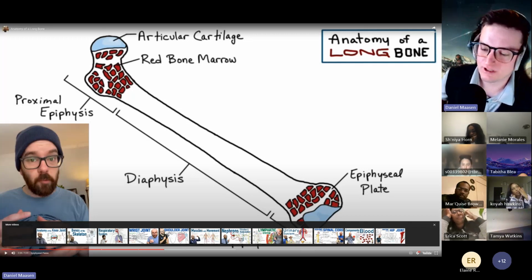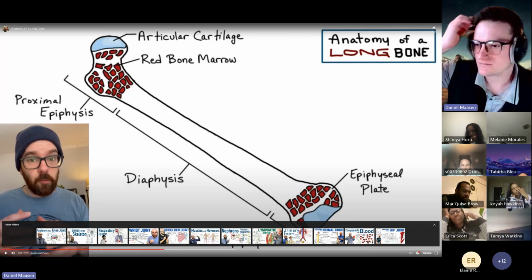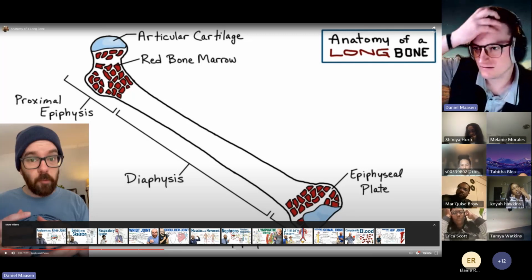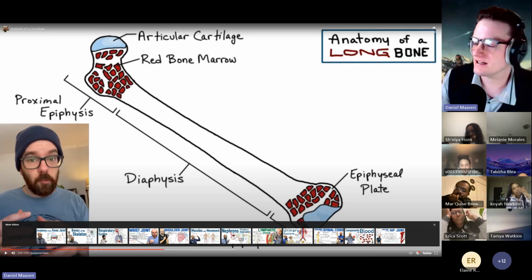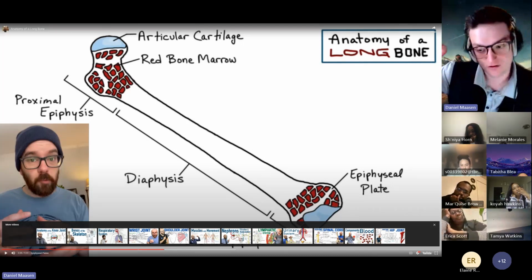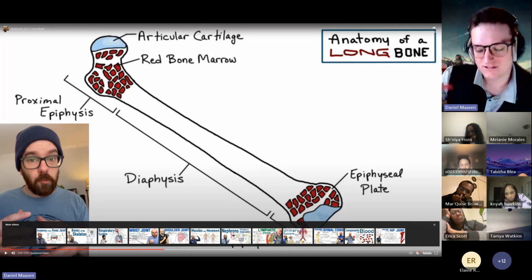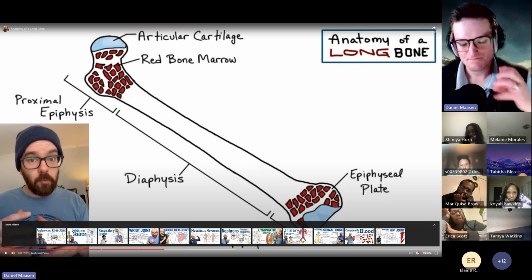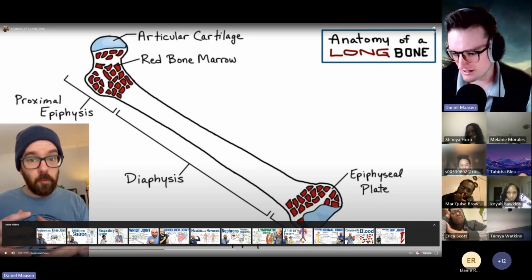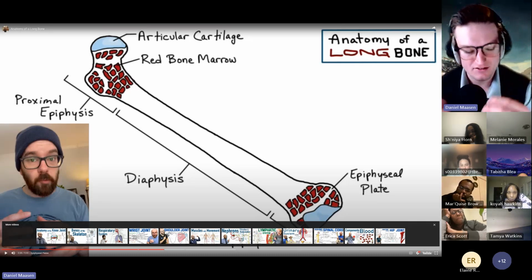But anyway, what he's saying too is that epiphyseal plates, growth plates, start off as cartilage, and that gives the ability to grow. What you have to think about with bone is that it is so strong, the same kind of concept as a tree stump.